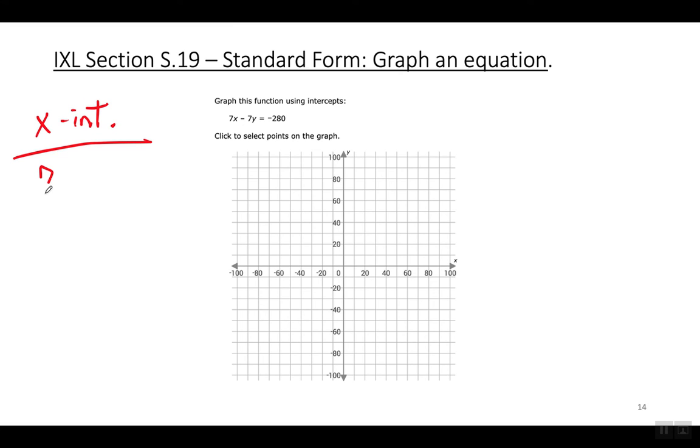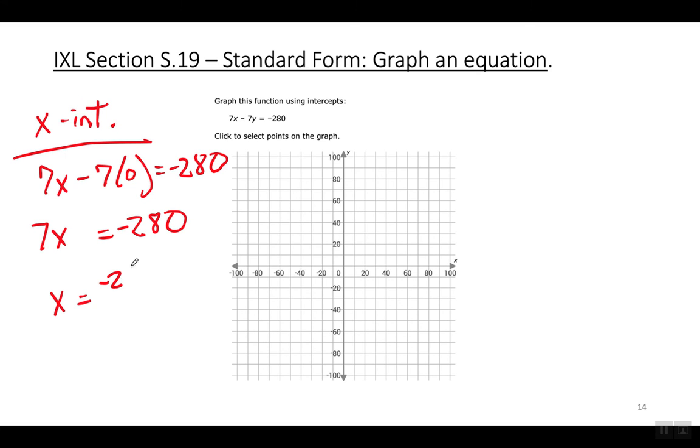All right, so to find the x-intercept, I make y equal to 0 and solve for x. So 7x equals negative 280. So x equals negative 280 divided by 7. So x equals negative 40.